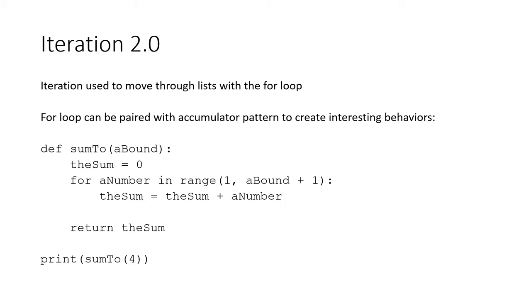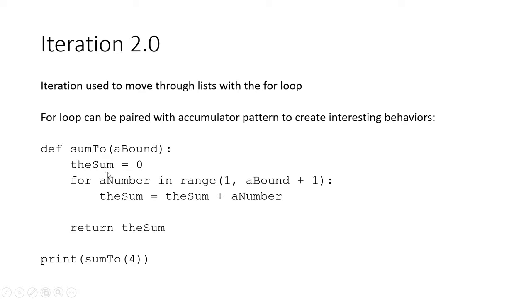Now by using iteration and pairing that with the accumulator pattern, we can create some interesting behaviors. Consider, for example, if we want to sum all of the numbers up to a certain point. Well, we can write a simple function to do that, and you can see that here.